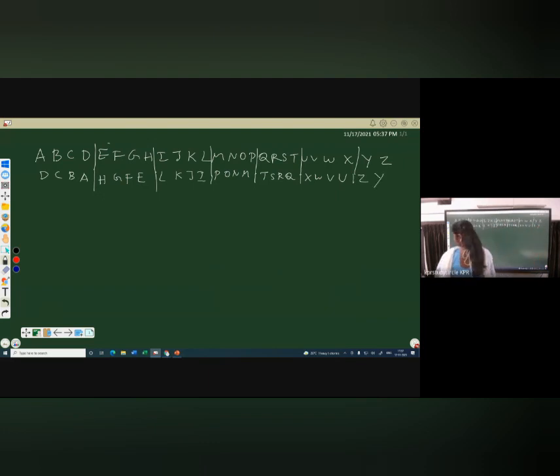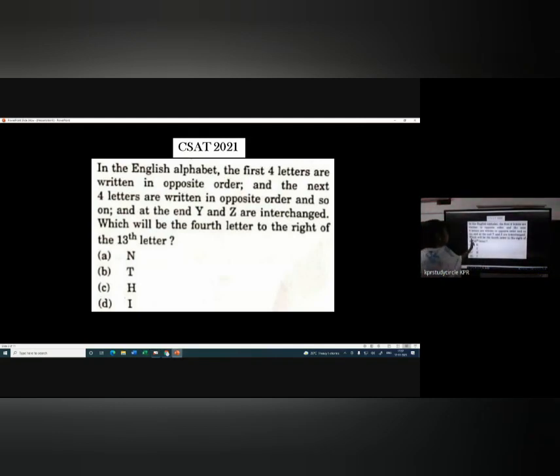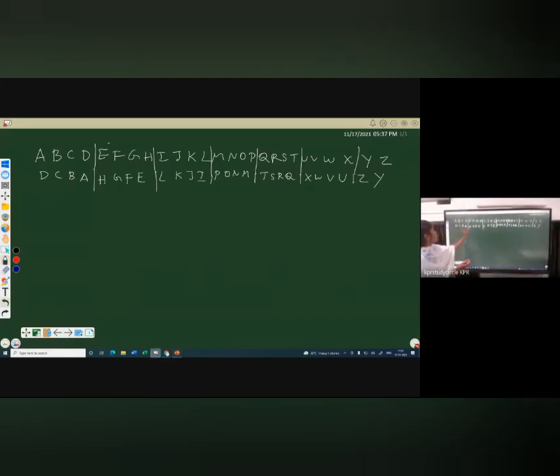Now, what is the question? Which will be the 4th letter to the right of the 13th letter? Let me first find out the 13th letter. 4, 8, 12, and this is the 13th letter.